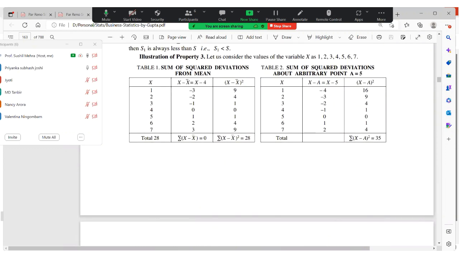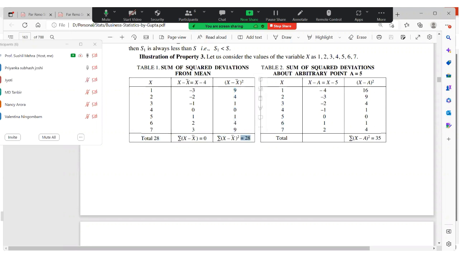In this example, x minus 4, the sum is 0, right? Square these numbers. Do the square of these deviations. Square of minus 3 is 9, minus 2 is 4, and so on. The sum of the squares of all these numbers comes to 28.